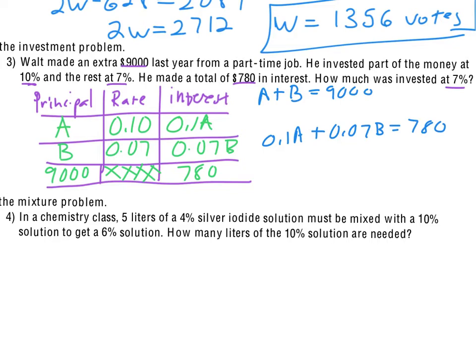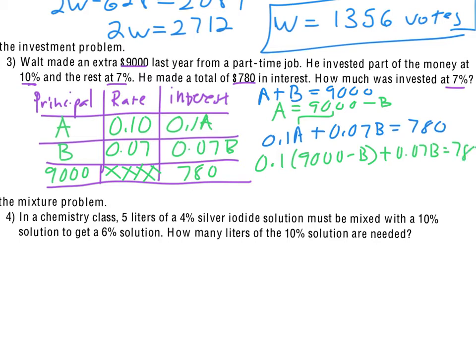They are interested in the 7%, that is B. So if I solve this first equation for A, then when I substitute that back into the second equation, I'll have an equation with just B's in there. So the 9,000 minus B will replace the A. So I get 10% of 9,000 minus B plus 7% of B equals 780.